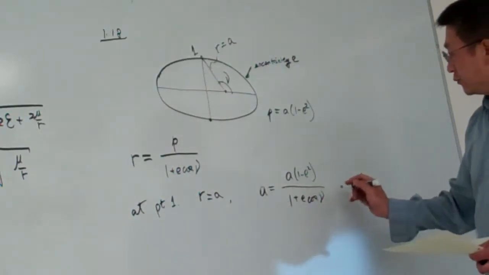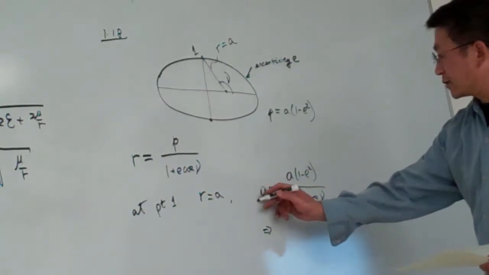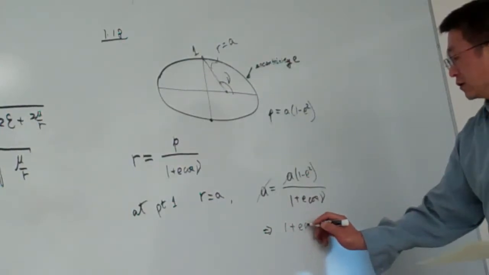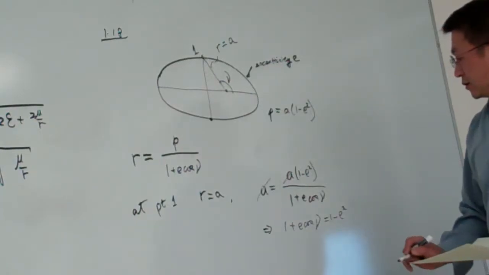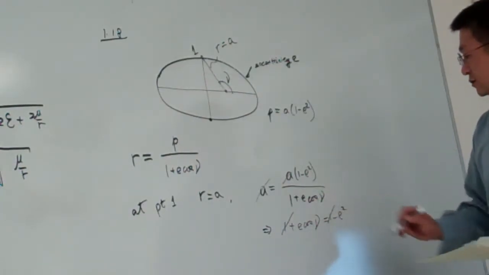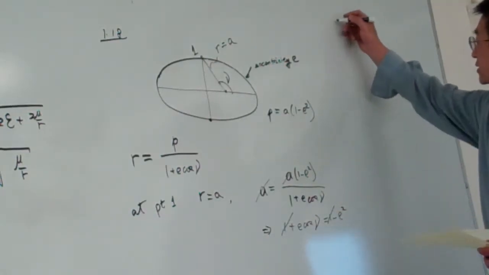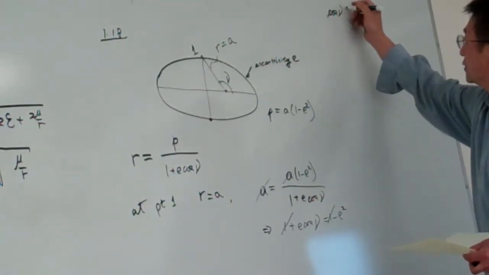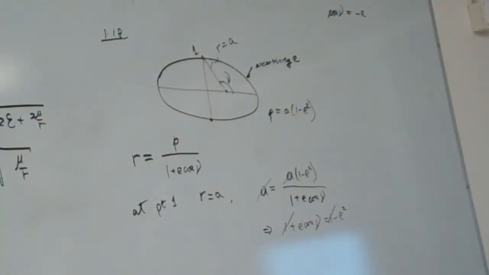So from here we can make a little arrangement. We cancel the scale A from both sides of this one. So 1 plus E cosine nu equal to 1 minus E squared. Therefore we cancel 1 out, and you can see basically E cosine nu equal to minus E. Is that what we're looking for? Yes. So here is a little minus there.